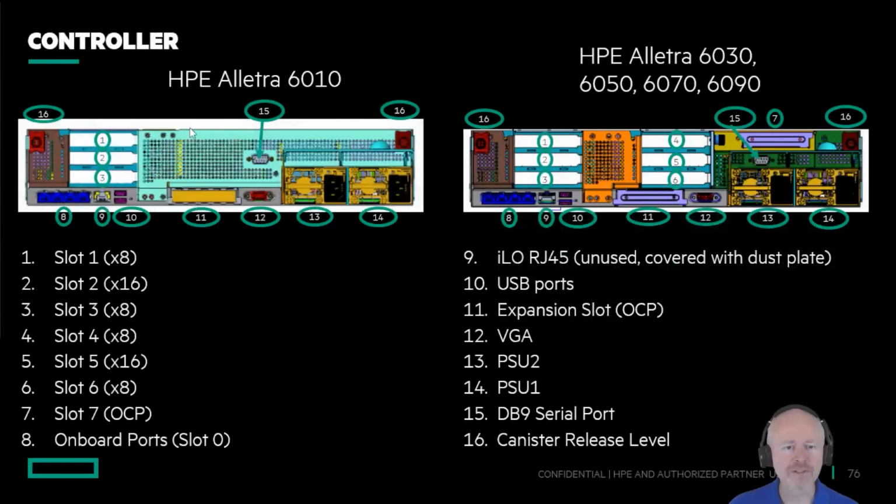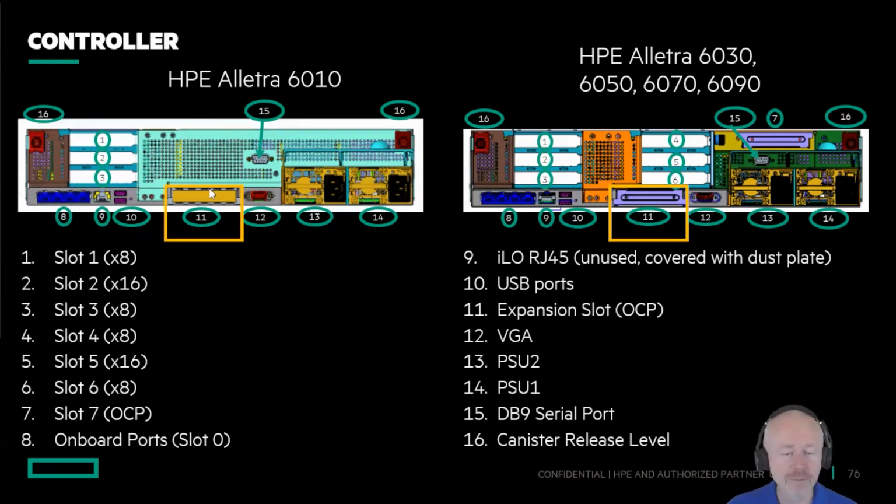Okay, so this is a picture at the back of the Electra 6010 controller. Technically, it's a DL385 in there. So we have 2 of those controllers with PCI slots for your additional connectivity. In the Electra 6030, 50, 70, 90, which are the higher performance models, you will see even more PCI slots in there, of course, for more performance as well. Now you will see here slot 11.